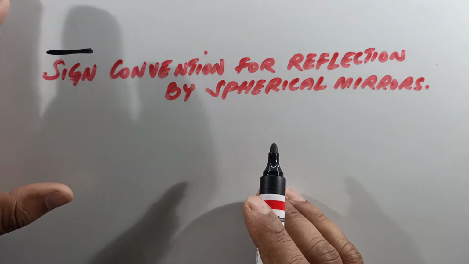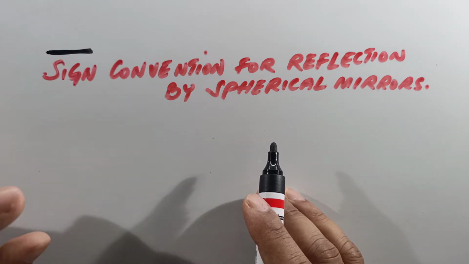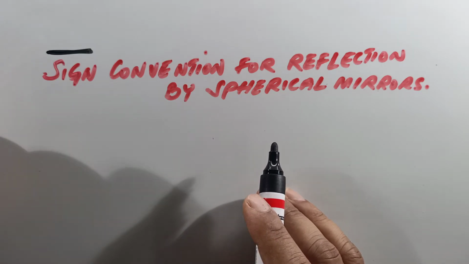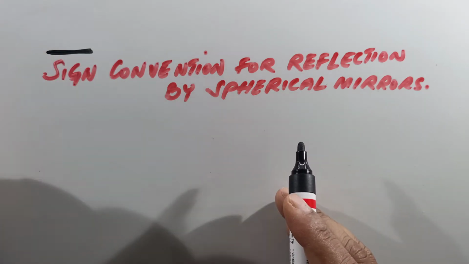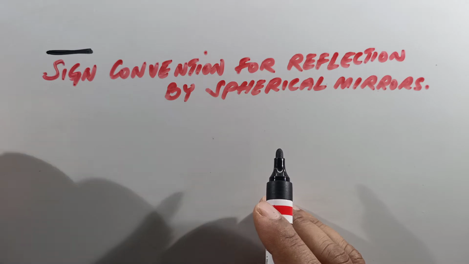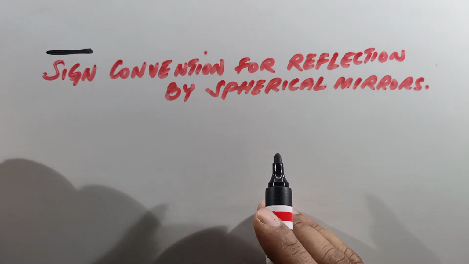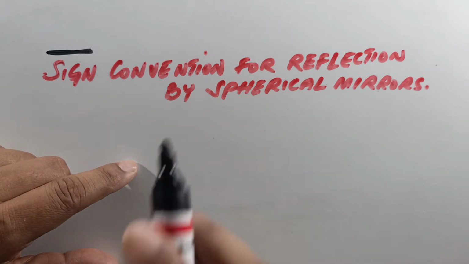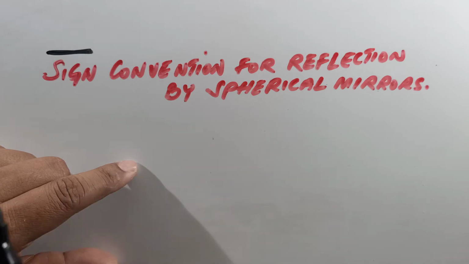Now you may be asking why this topic is important, because in the chapter of light you will have numerical problems. In physics, you definitely need to do numerical problems. You will be able to do all numerical problems in light correctly only if you have a good knowledge about the sign convention, right?